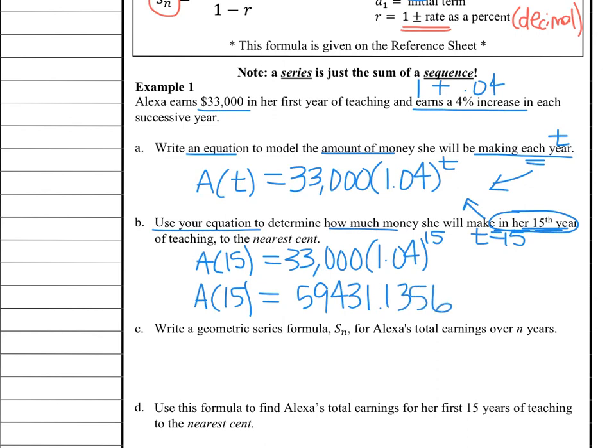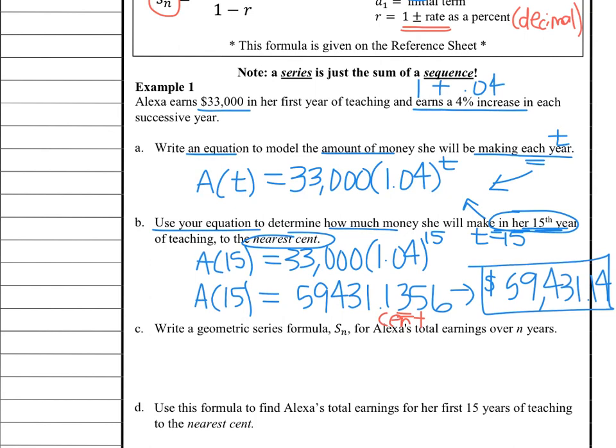If we're dealing with money, we always want to round to the nearest cent, which is the hundredths place, unless it says to the nearest dollar, nearest $100, nearest $1,000, or something else. So we got $59,431.14. Okay? All right.